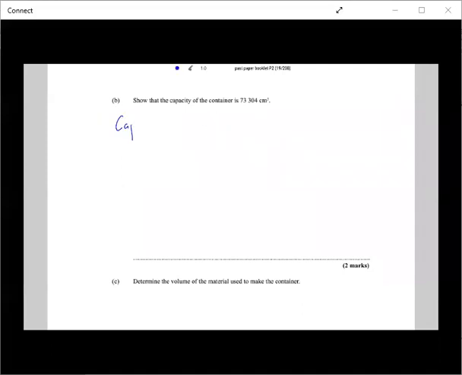Capacity, which is volume, is equal to A times H, where A is the area of the cross section and H is the height. Now, since the shape is a cylinder, which is a solid shape with a uniform circular cross section, A here is a circle. So this would be equal to pi r squared h.